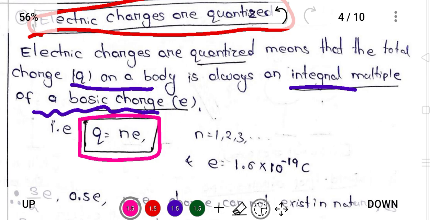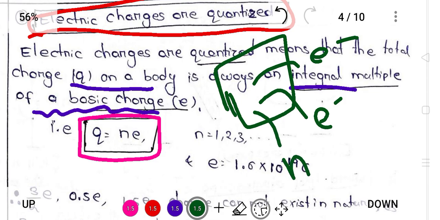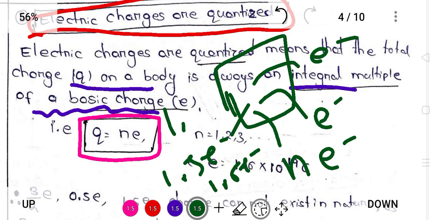Suppose a body is getting charged, then either it will lose 1 electron, 2 electrons, or similarly n number of electrons, but it will never lose 1.5 electrons, 1.6 or 1.7 electrons, because the electron is a fundamental particle and it cannot be divided.